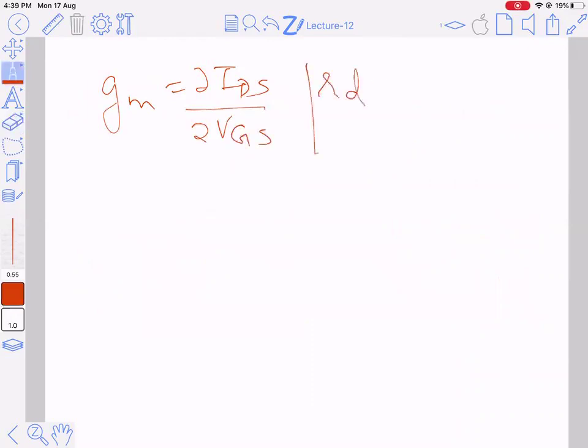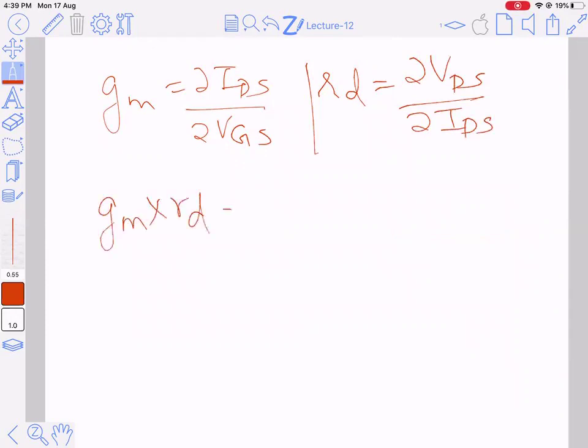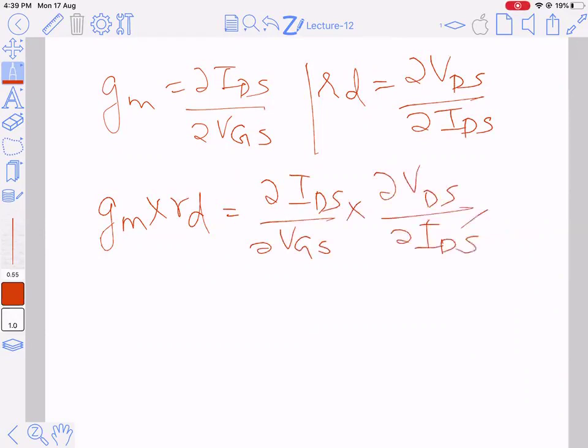And RD is delta VDS by delta IDS. If I multiply both, so I have delta IDS by delta VGS times delta VDS by delta IDS. What gets cancelled off?